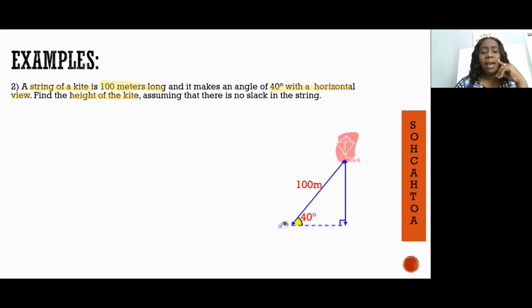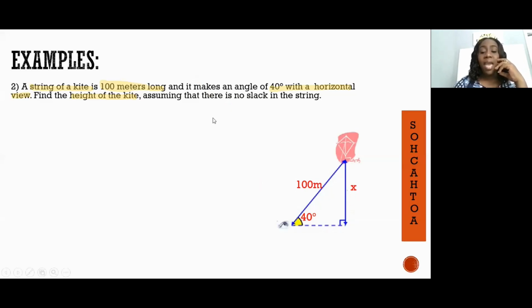Where do you think that height is going to go? Is it going to be here, or is it going to be there? Up and down or across? Think of height. When you want to know how high or how tall somebody is, where does it go? Good. Most of you got it. We're going to go up and down. Very good.